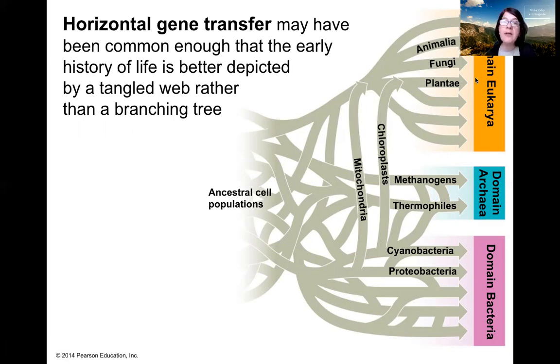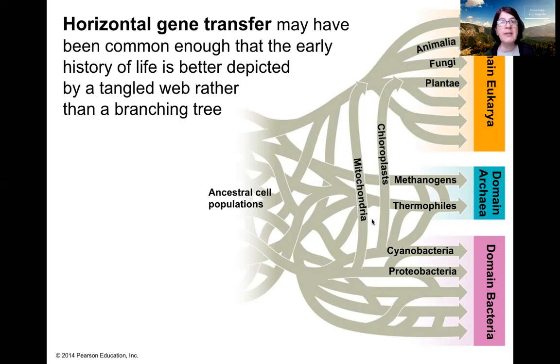So we do actually have evidence for horizontal gene transfer, because we know domain bacteria and domain eukarya mixed. How did they mix? When an organism from domain eukarya swallowed an organism from domain bacteria and they became endosymbionts, such as in the case of mitochondria and chloroplast, that is evidence for horizontal gene transfer.